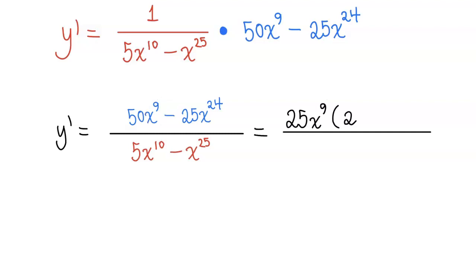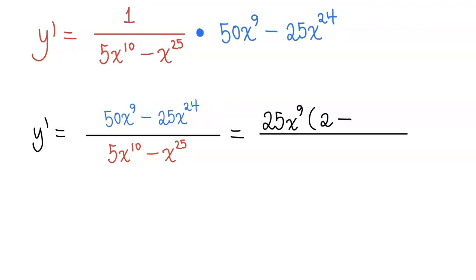So the first term becomes 2 minus 25 divided by 25 is 1. But x to the 24th divided by x to the 9th, I have to subtract the exponents. 24 minus 9 is going to be 15. So this one will become x to the 15th power.